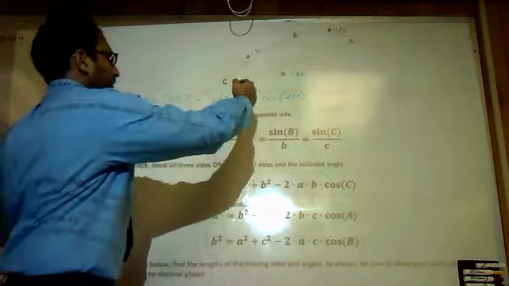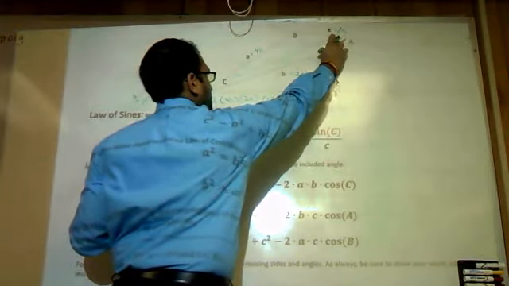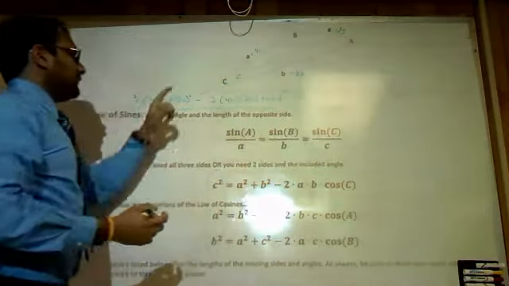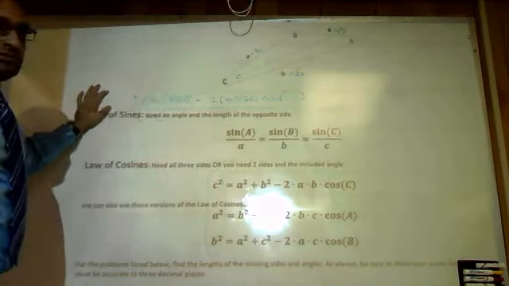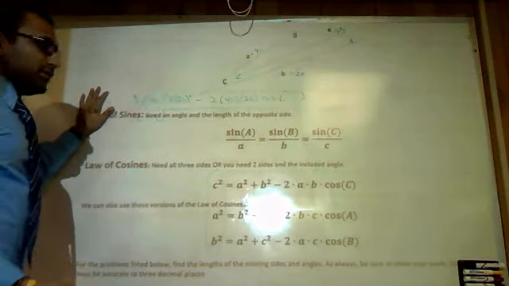So in this case, C is the letter that's opposite of our angle, so C is what we're going to set our entire equation equal to. If you need to rewind the video to repeat that, go ahead and do that.